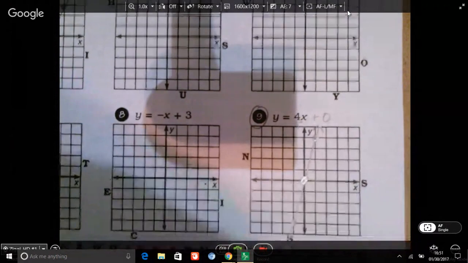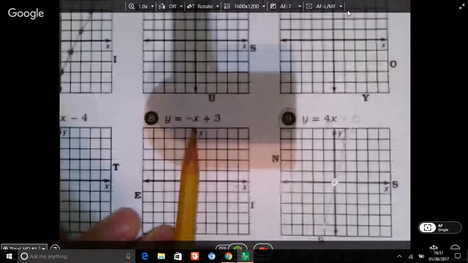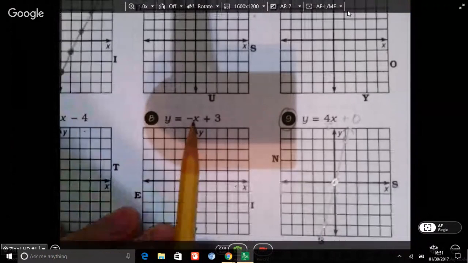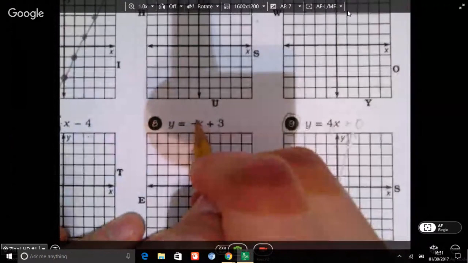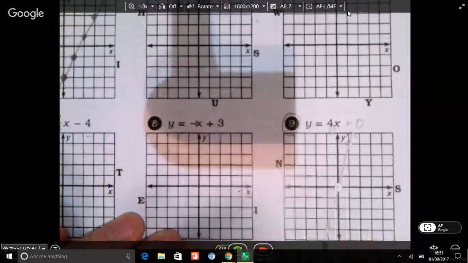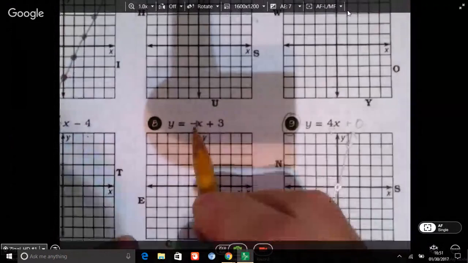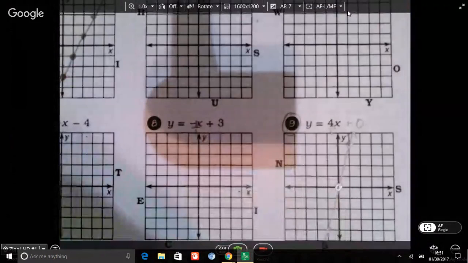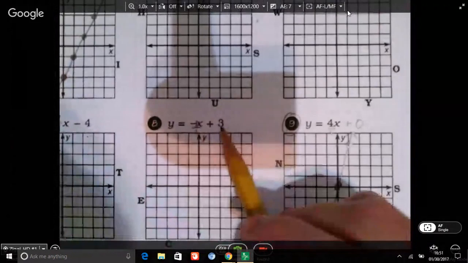Oh, and in number 8, since there is no coefficient of x, remember that means there's a 1 there. So this actually is a negative 1. This one does have a constant. The constant is 3.